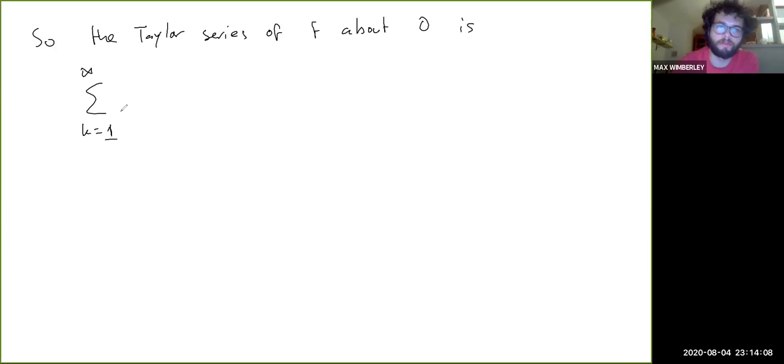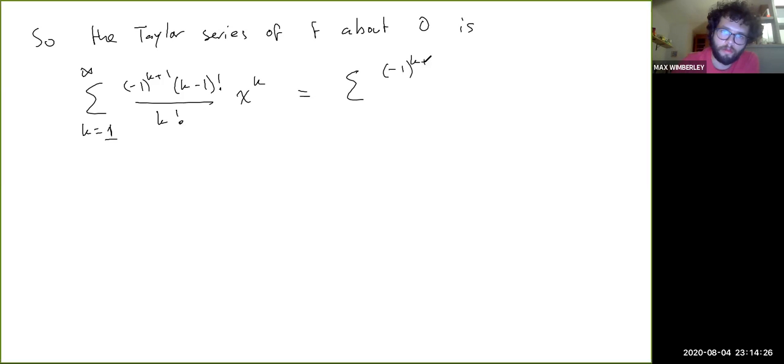Then we get (-1)^(k+1) times (k-1) factorial over k factorial, x to the k, which is the sum of (-1)^(k+1) over k, x to the k, because the k-1 factorial cancels out with most of the k factorial, leaving only k.